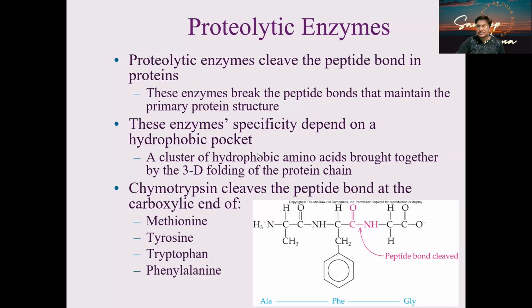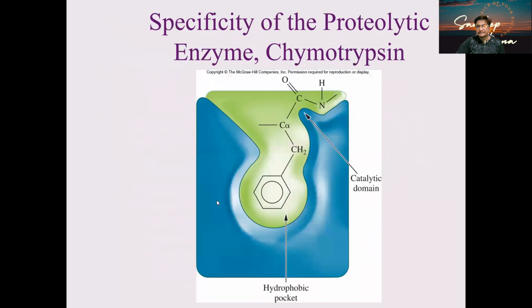So this is the enzyme which can work on the C terminus or on the N terminus of the protein. Now, if you see the specificity of the proteolytic enzymes, for example chymotrypsin, they belong to hydrolysis only. It could be chymotrypsin, trypsin, or pepsin can be another one.